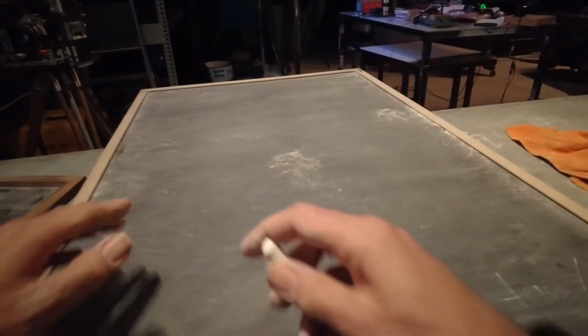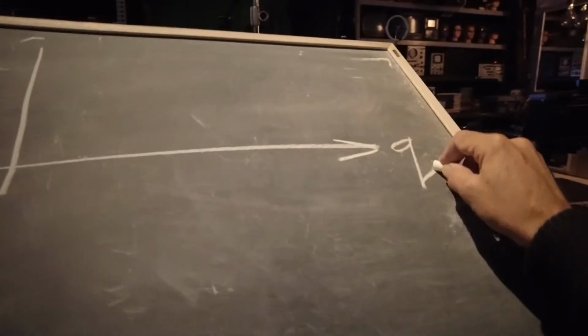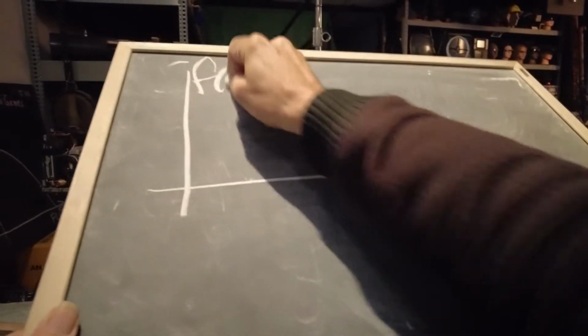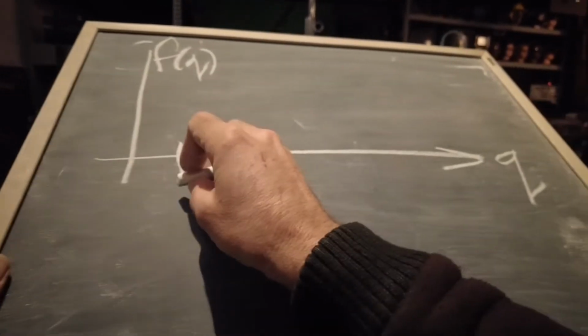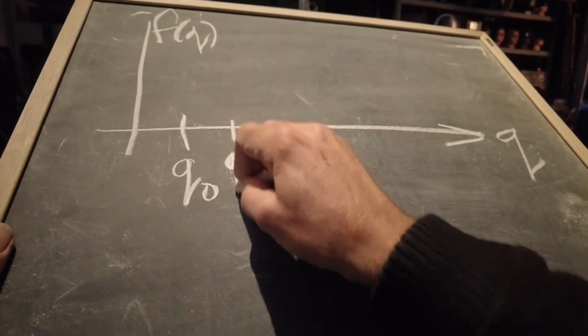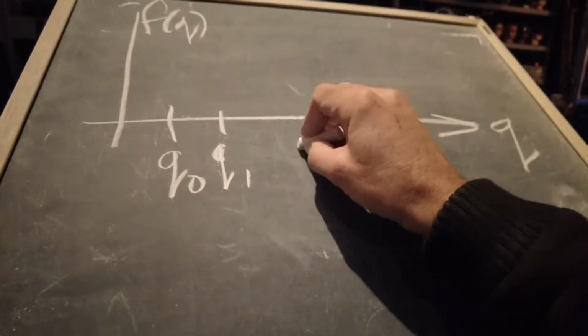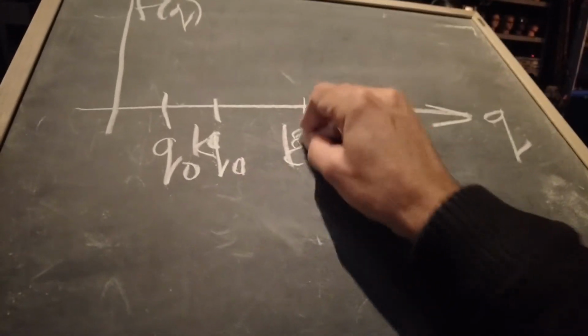Going to our other example, when we had this graph with Q and f of Q, Q was Q0, Q1, Q2, which is K Q0, let's say K squared Q0.